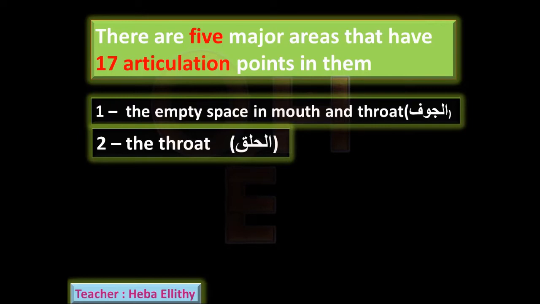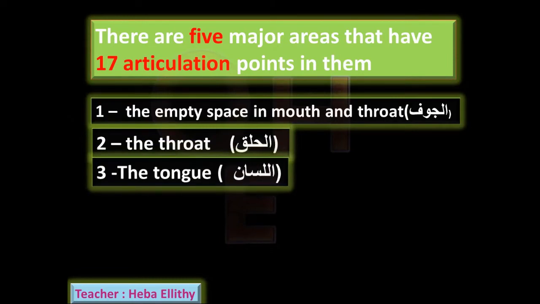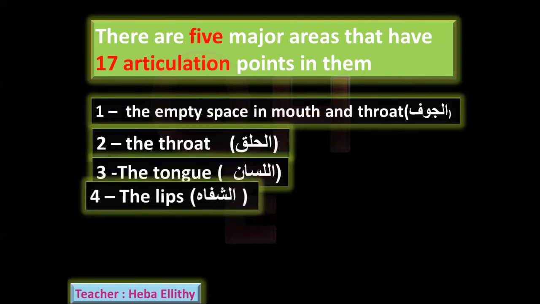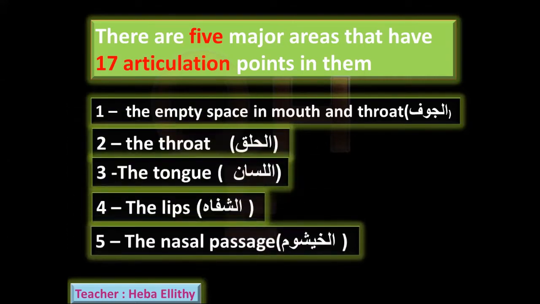Inshallah, our class tomorrow will be about the tongue, al-lisan. After that, we will go to the lips, al-shifa, and the nasal passage, al-khayshum. These are our 5 major areas.